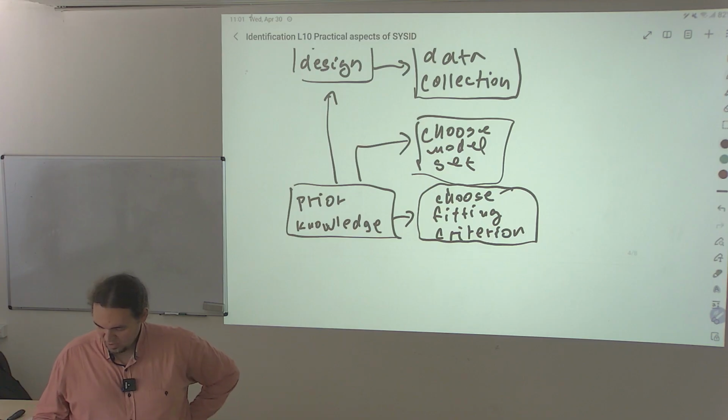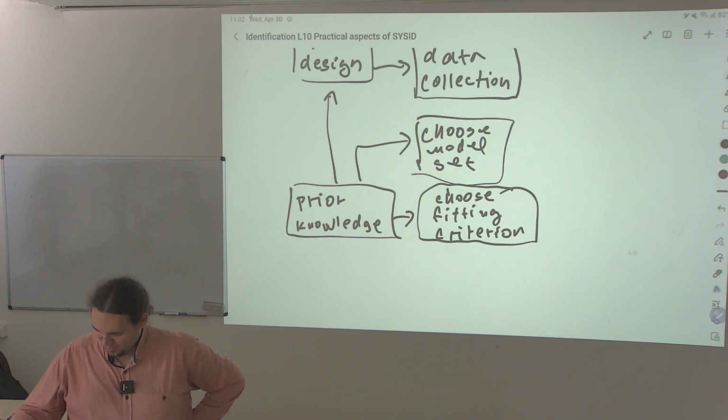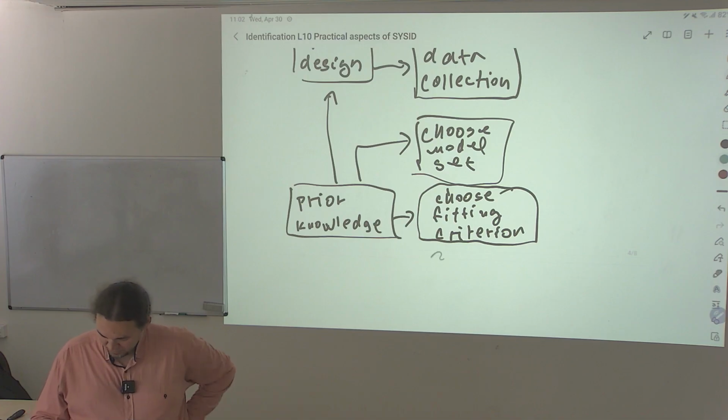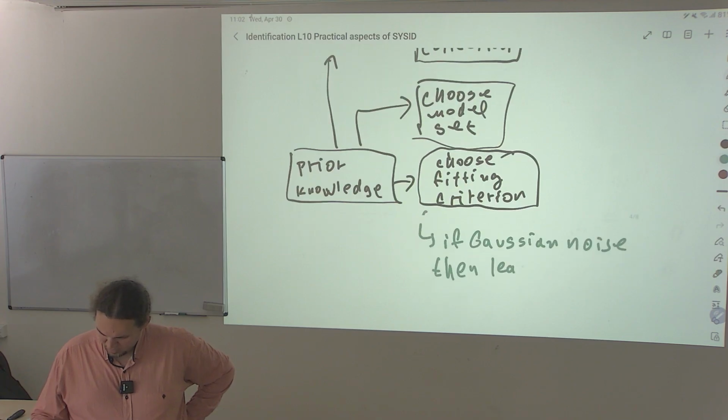What does it basically mean? If we see in our data that we are dealing with some Gaussian noise, normal distribution of the noise, then we might just choose the least squares fitting.